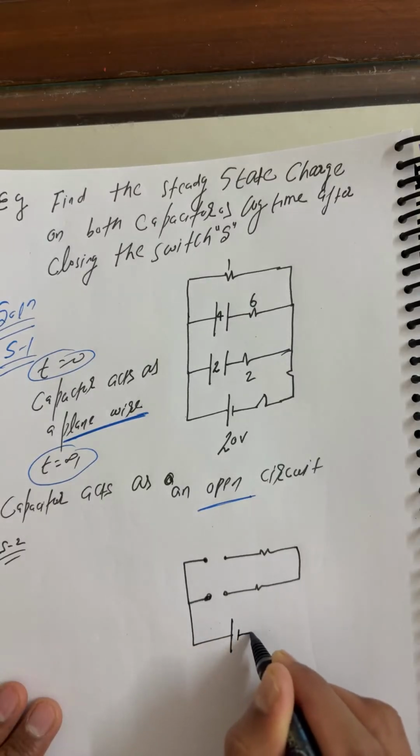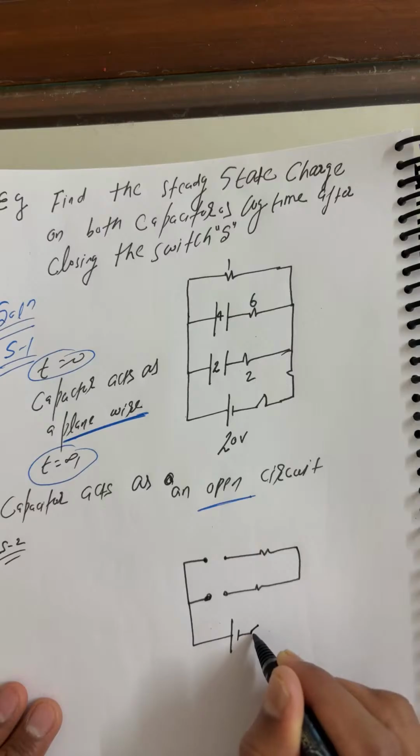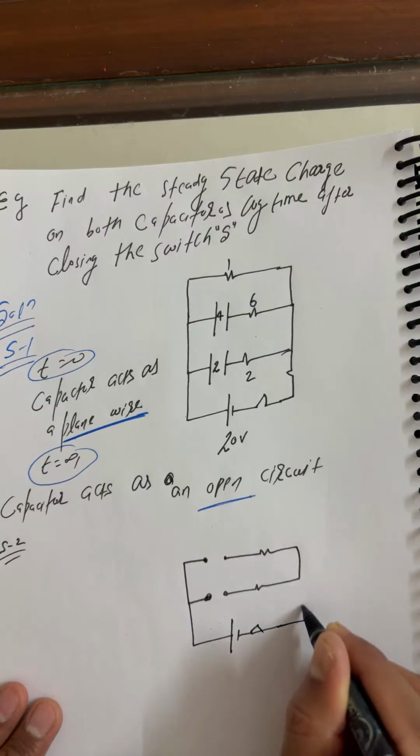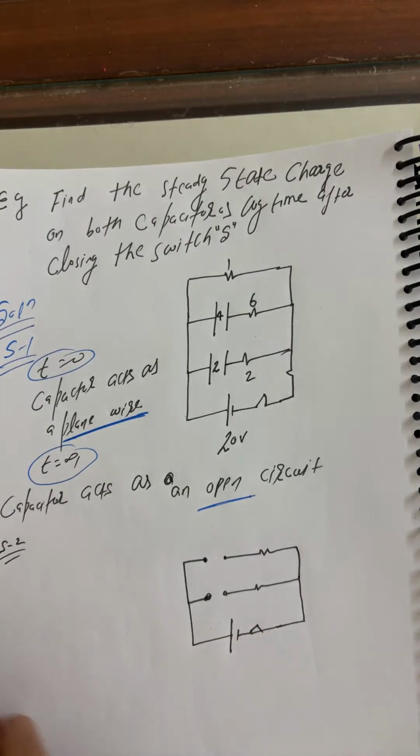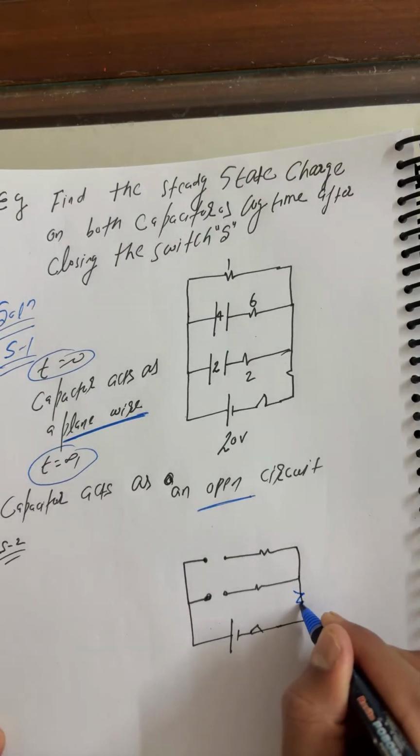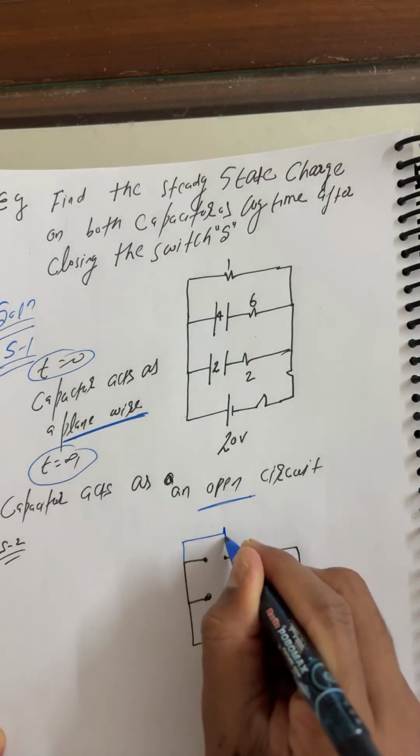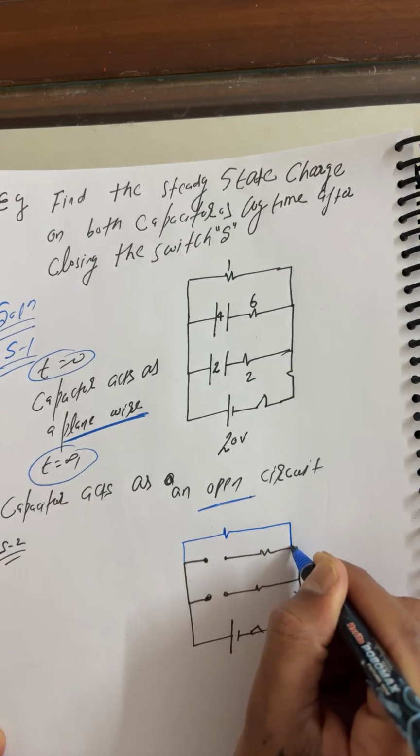So this is the 20 volt battery, the switch is closed, and there is one more resistor. This is the condition, just keep it in your mind.